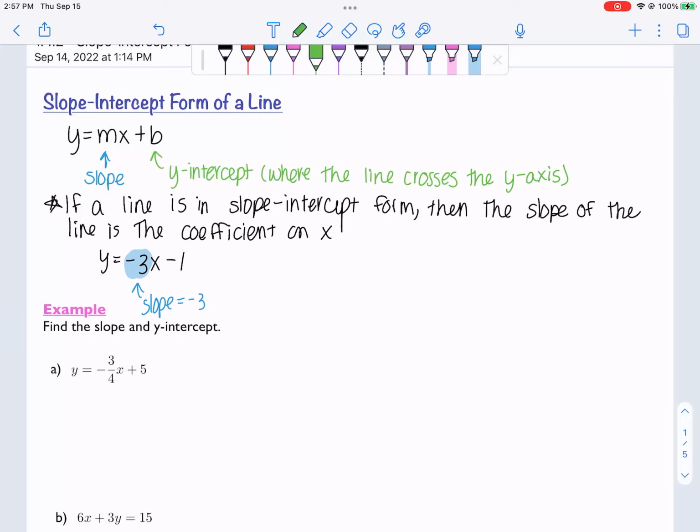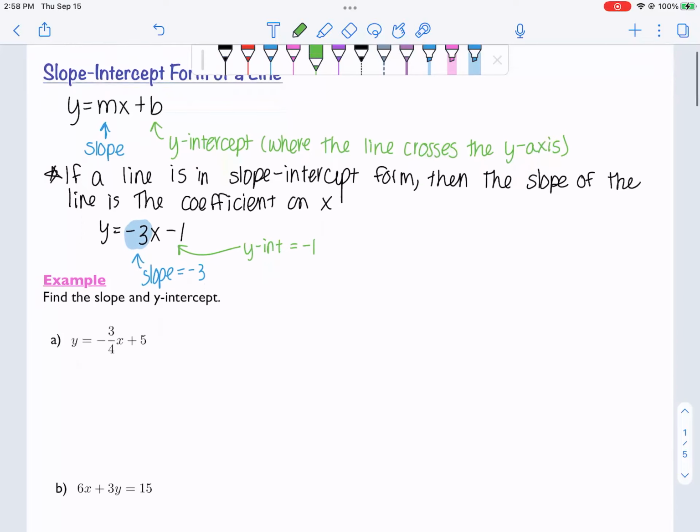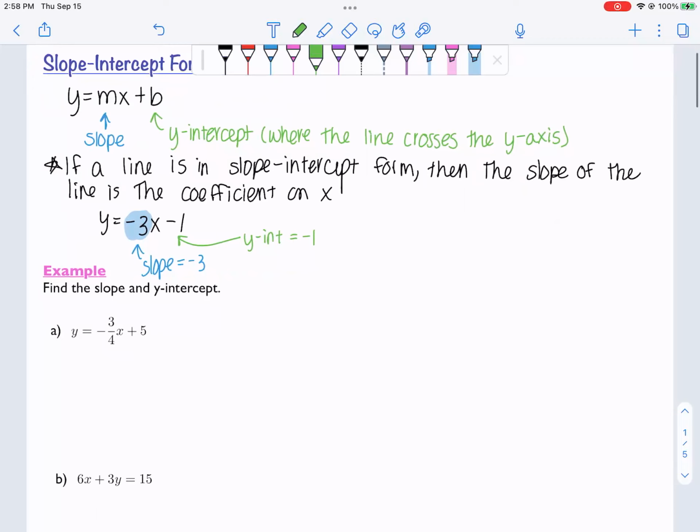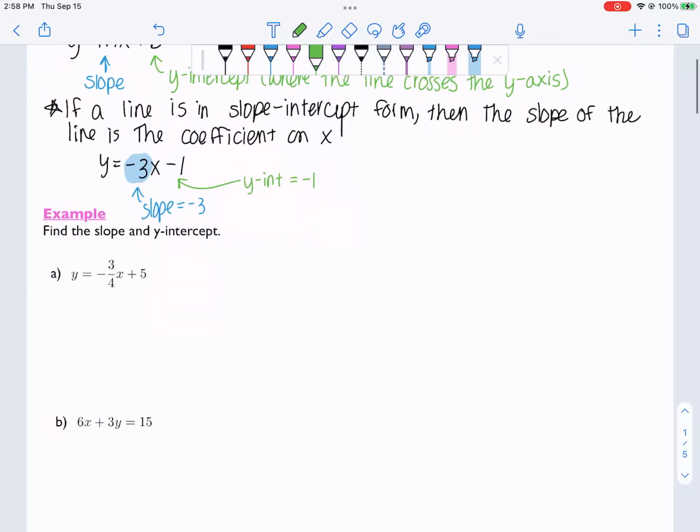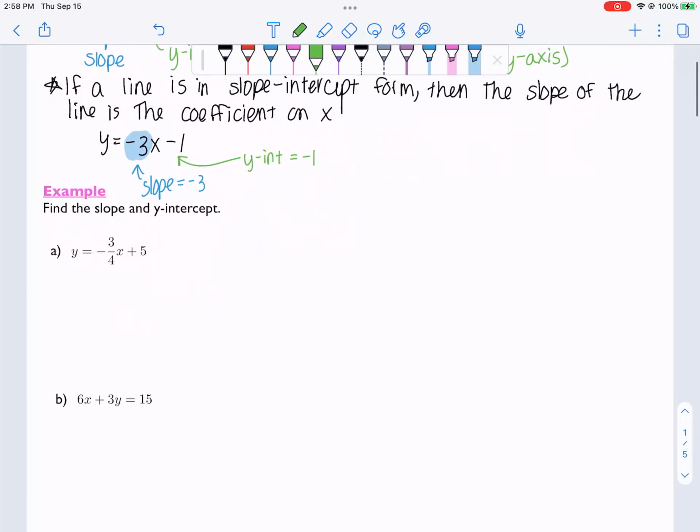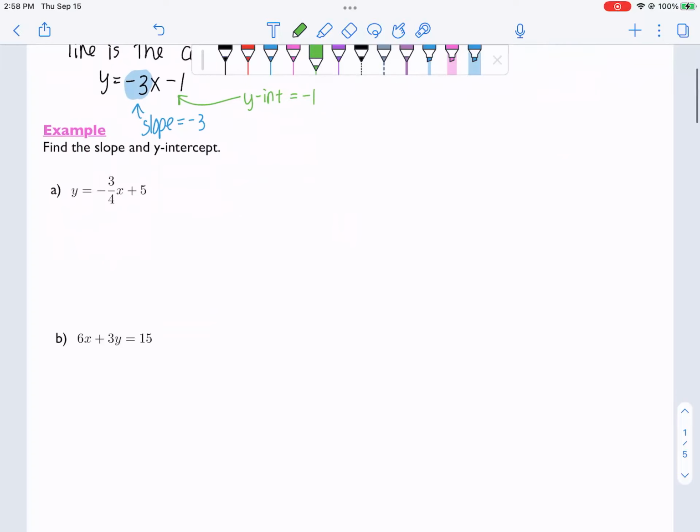The y-intercept is this entire number afterwards. So it's -1, so the y-intercept is -1. So let's do a few examples. Finding the slope and the y-intercept.